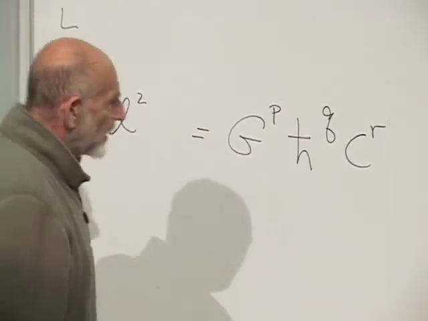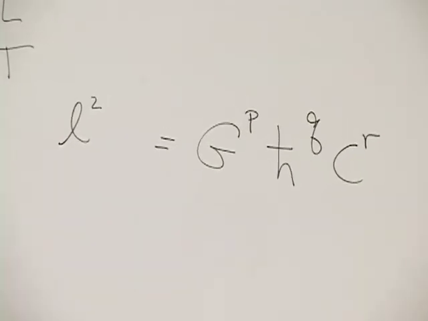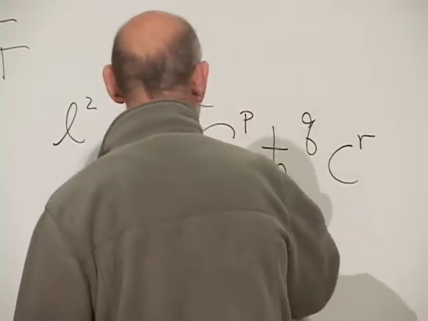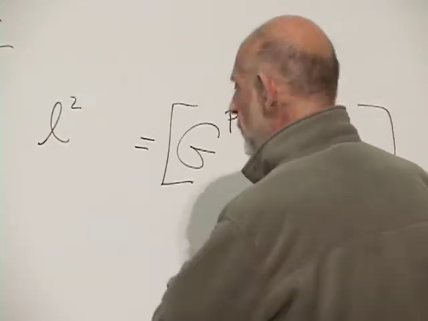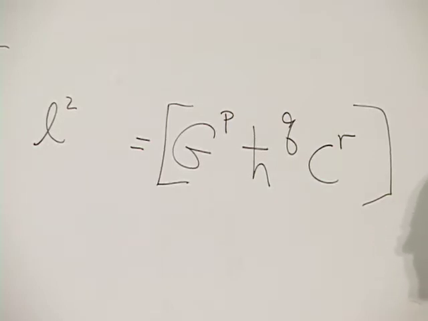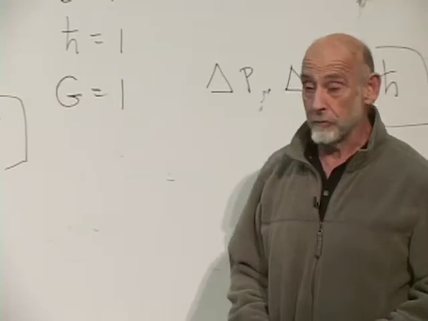Now this doesn't mean it's equal to length squared. It means it has the same units. Sometimes people put a bracket around a thing like that to indicate its units. The units of g to the p, h bar to the q, c to the r should be length squared. I'm choosing length squared to avoid a square root in the final formula, that's all. There is another reason.